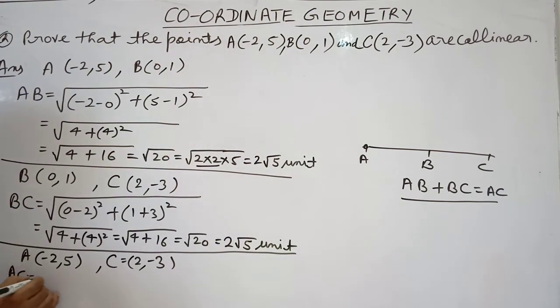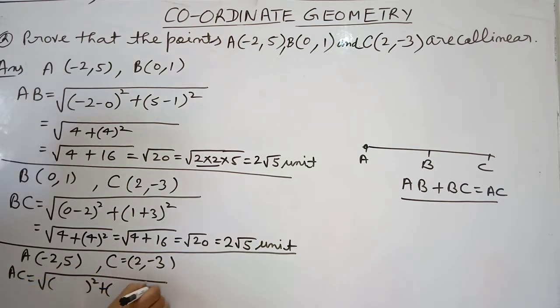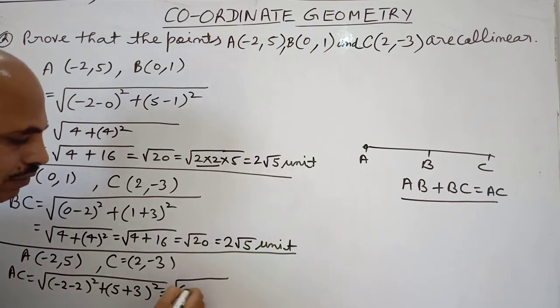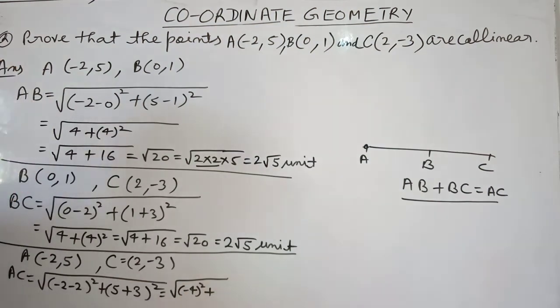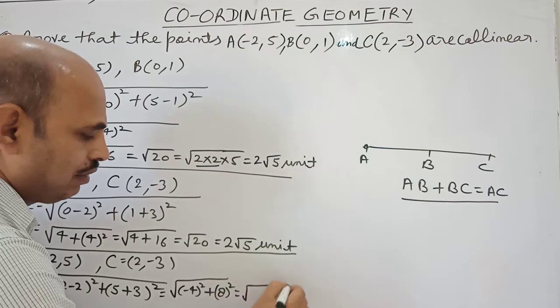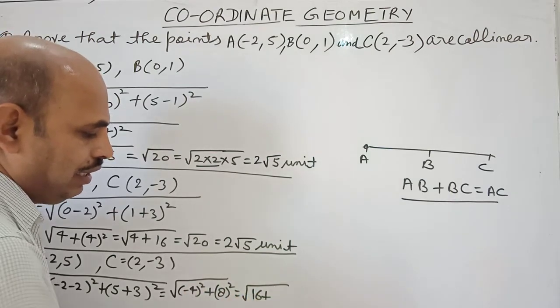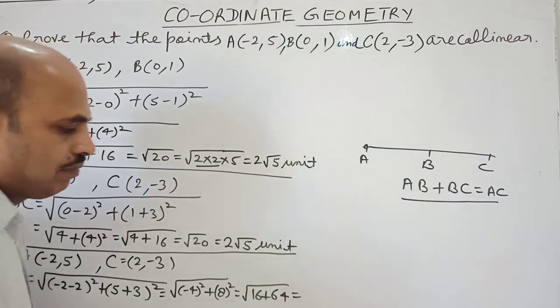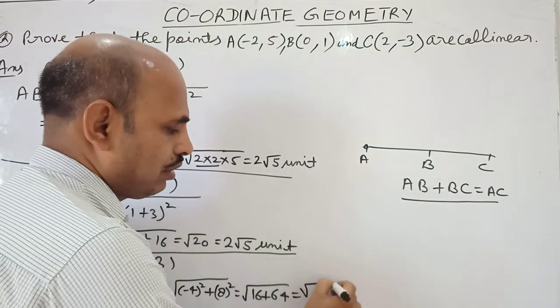So AC equals the square root of (x1 minus x2) whole square plus (y1 minus y2) whole square: (-2 minus 2), that is minus 4 square, plus (5 plus 3), that is 8 square. 4 square is 16, 8 square is 64. 16 plus 64 is 80. This is equal to root 80.